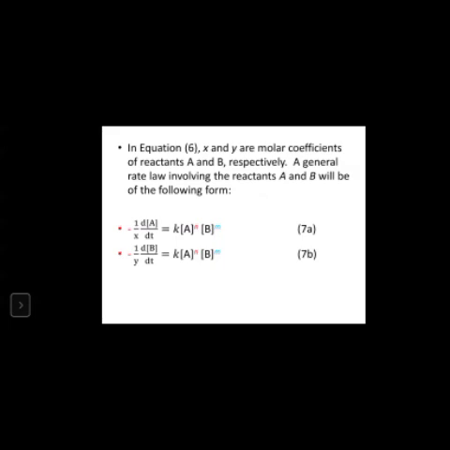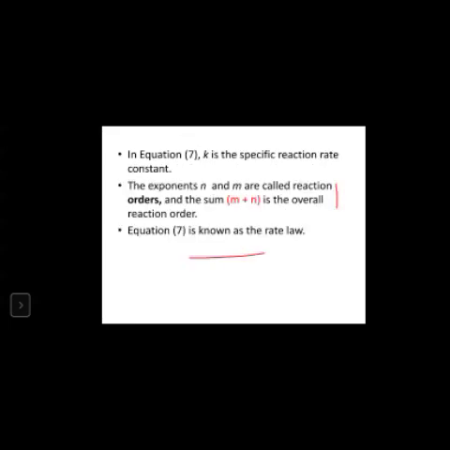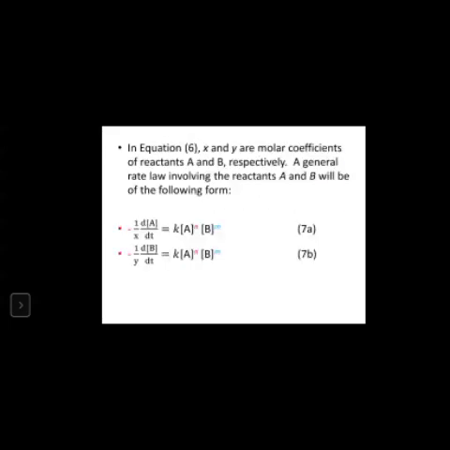N is the order with respect to A. M is the order with respect to B. And the overall order of the reaction is the sum of N plus M. Remember, N is with respect to A and M is with respect to B. So if they ask you what is the overall order of the reaction, then you say it's N plus M.